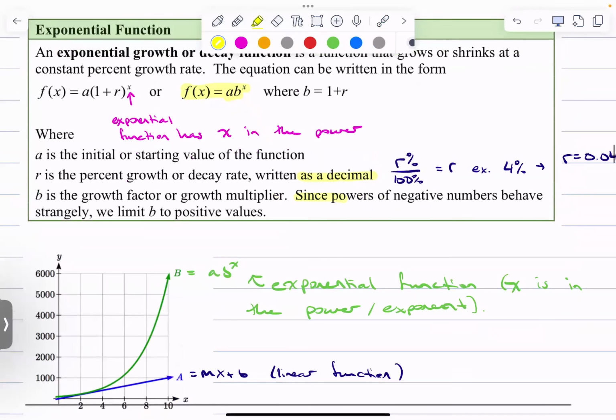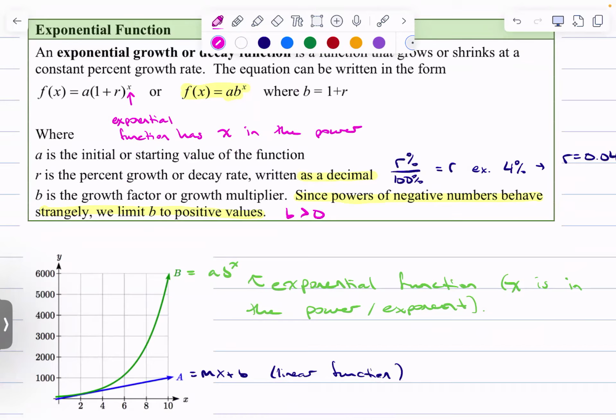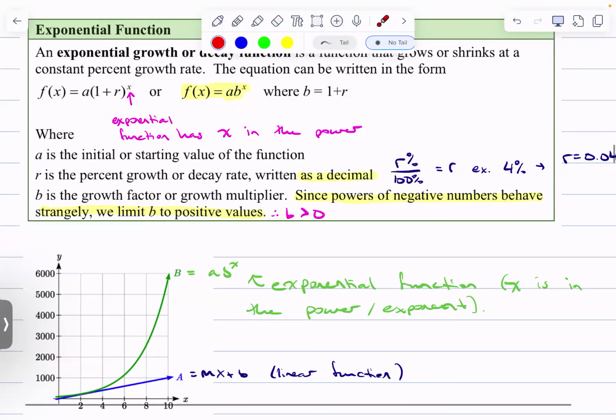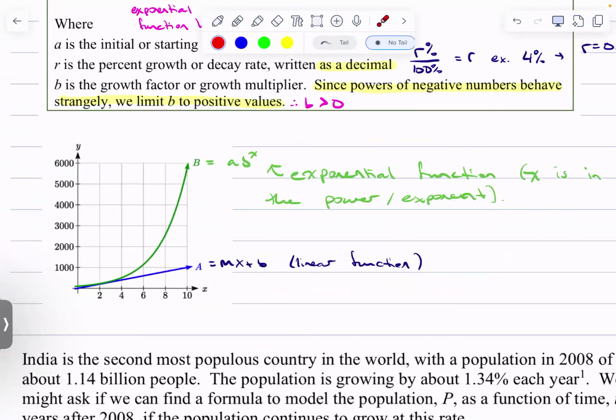So I'm going to say b has to be greater than 0. If it is 0, then everything goes to 0 and there's nothing of interest here, right? And so that's why it's strictly greater than 0. So what does this thing look like if we have a linear function?